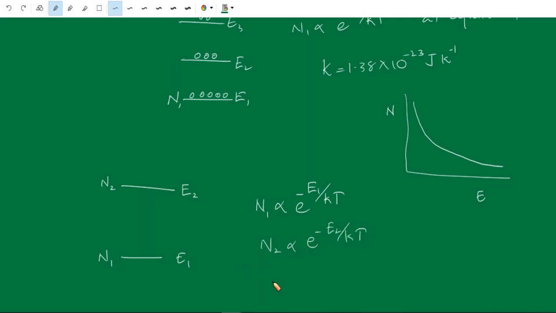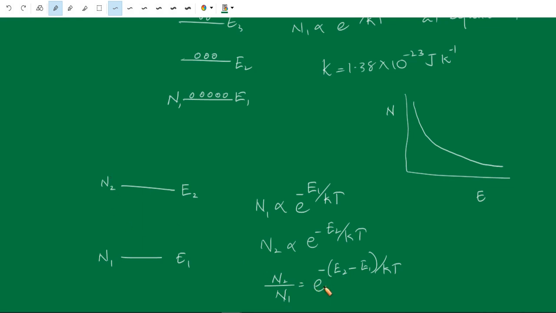So N2 divided by N1, with the proportionality constant the same in both, is e raised to minus (E2 minus E1) divided by kT. This is the ratio of the two populations.